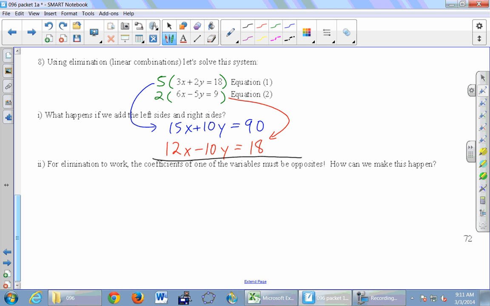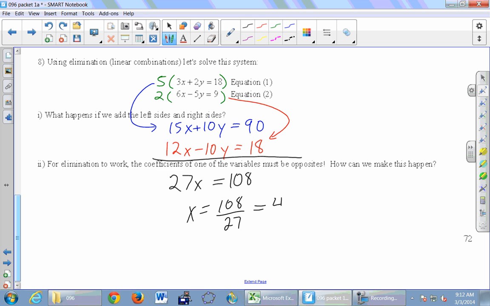How many x's? 27. How many y's? 0. I'm not even going to write it. And then add the right-hand sides as well. 108. That goes in evenly, doesn't it?